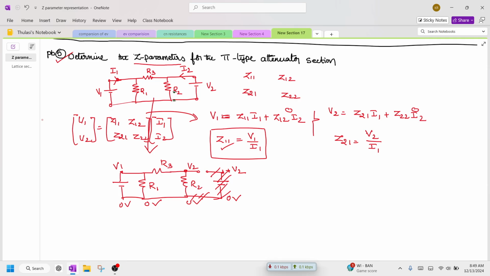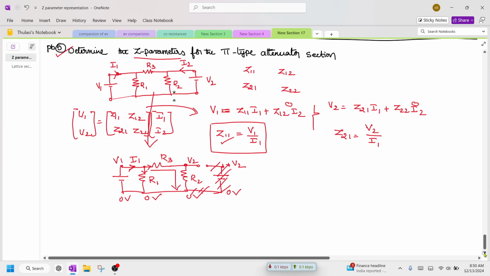So now we need to find out V1 by I1. When you see here, the current enters this branch and comes to this junction point, where it gets divided. The current which flows in R3, the same current flows across R2 as well as R3. I can say these two are connected in series and these two are connected in parallel with R2.